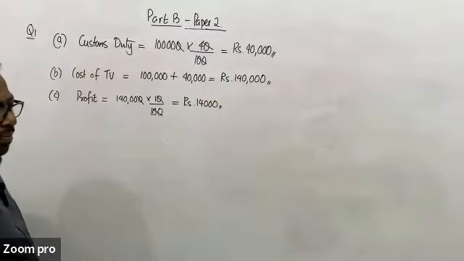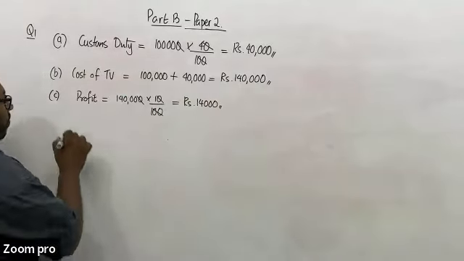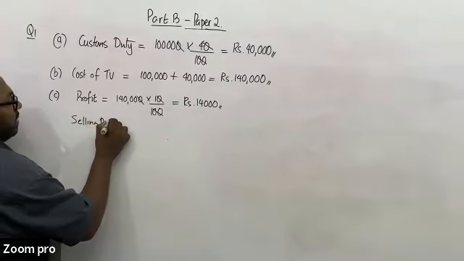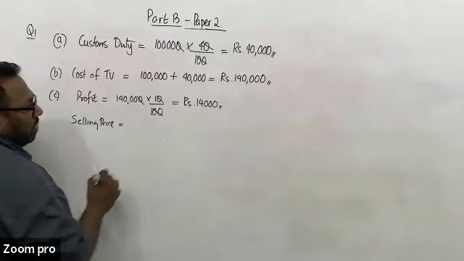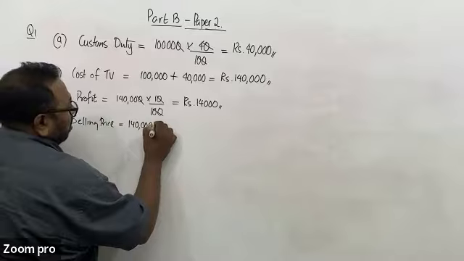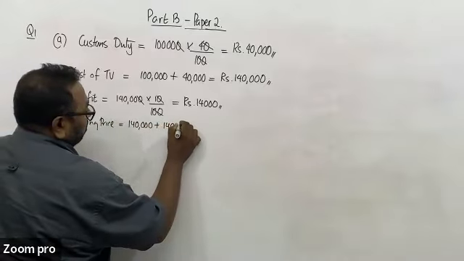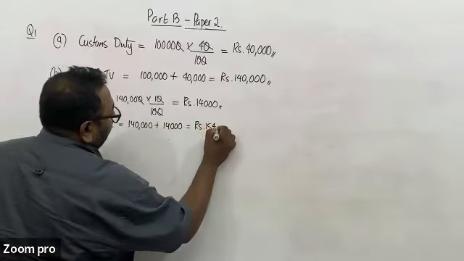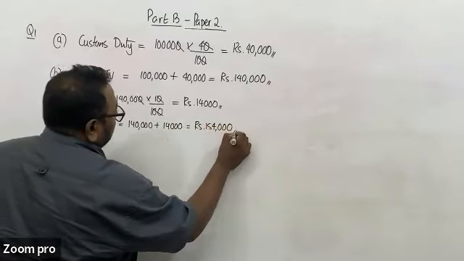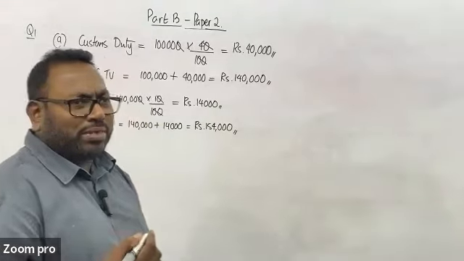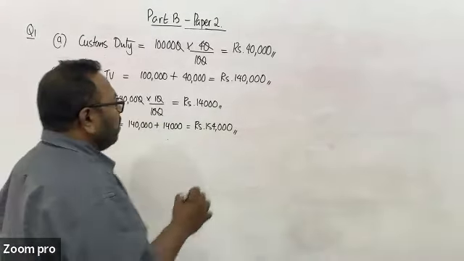Then what is your selling price now? Selling price is 140,000 plus 14,000, which is 154,000 rupees. Okay, that's going to be your selling price, market price, right?